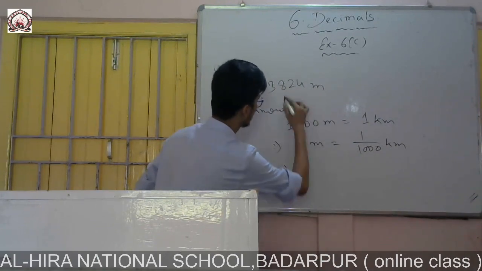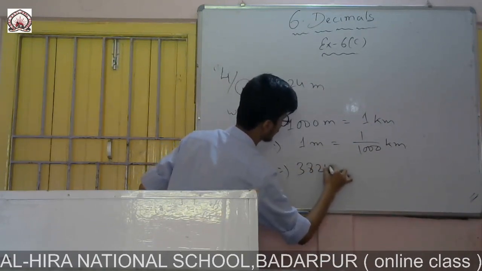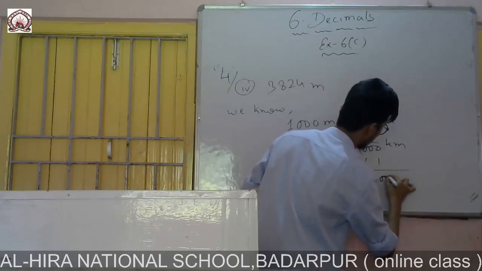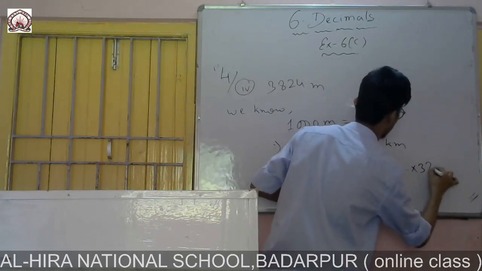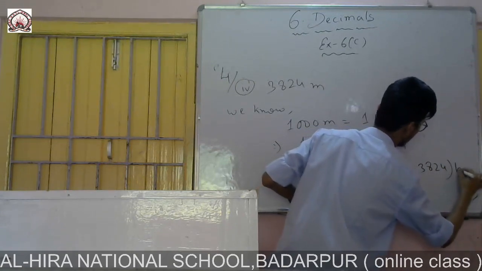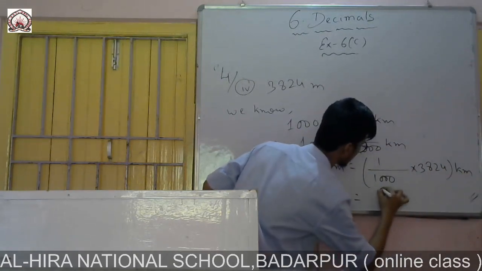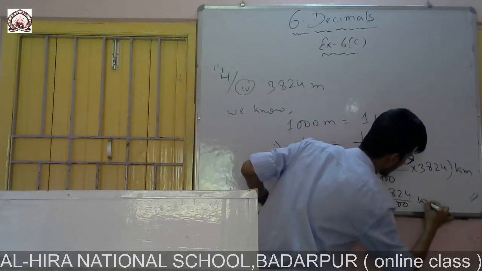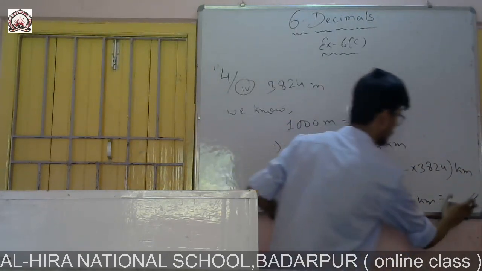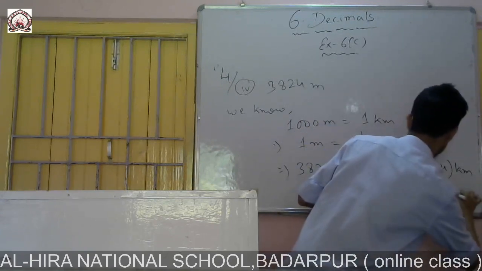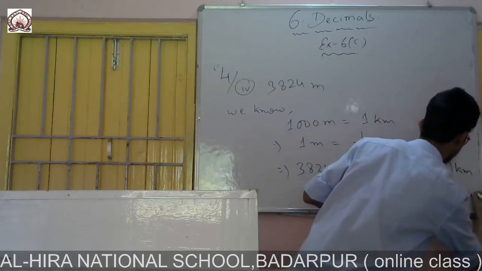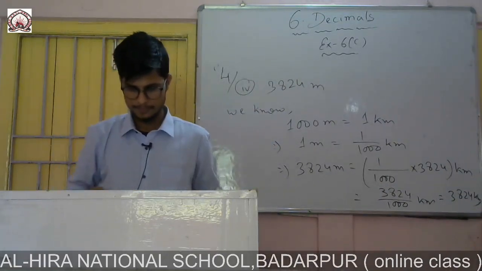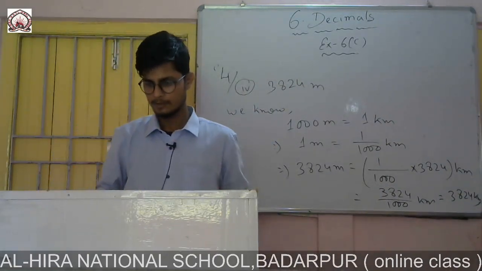I am finding the value for 3824 meter, which will be equal to 1 by 1000 into 3824 kilometer, which I can write as 3824 by 1000 kilometer. If I put the decimal, the value is 3.824 kilometer.